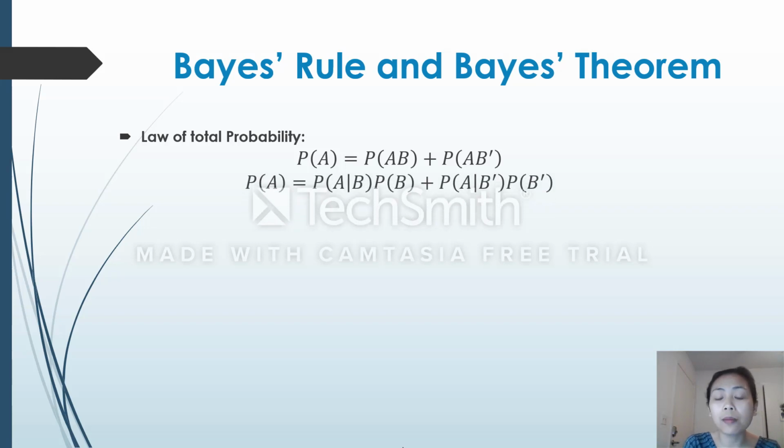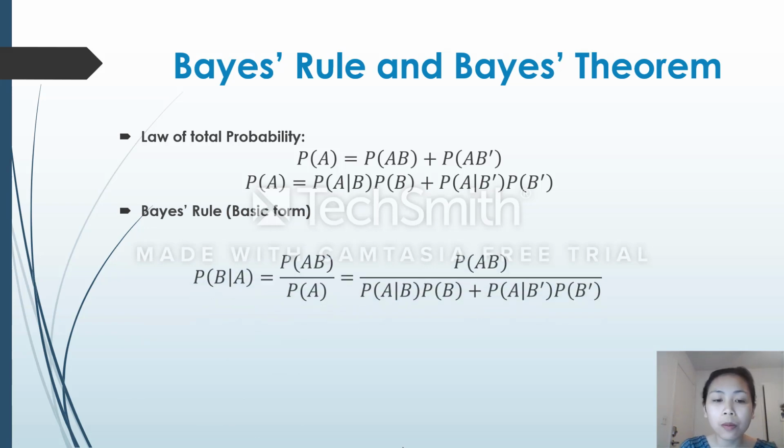So probability of A and B is probability of A given B times probability of B, plus probability of A and B prime is probability of A slash B prime times probability of B prime. So that is the law of total probability. Now we are going to construct Bayes' rule. We start with the probability of B given A. By the conditional probability formula, we have probability of B given A is probability of A and B over probability of A.